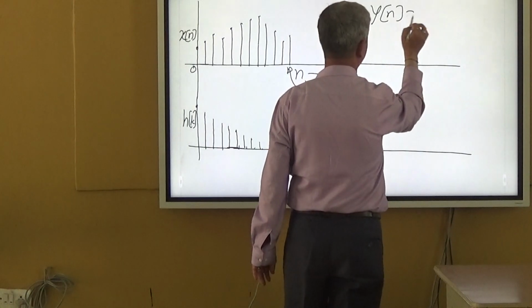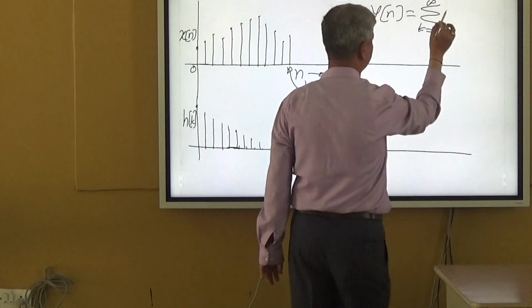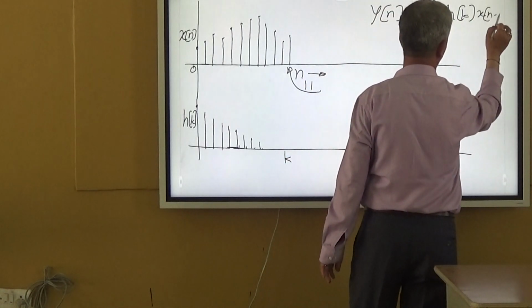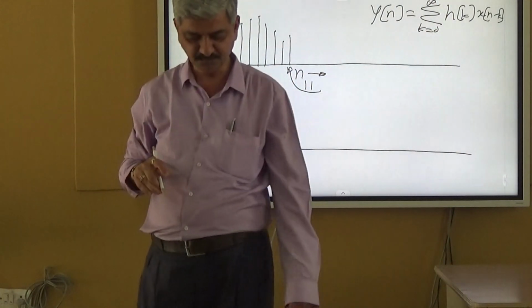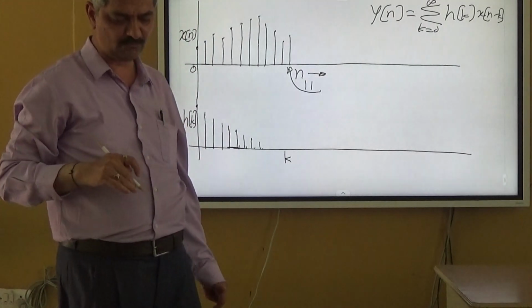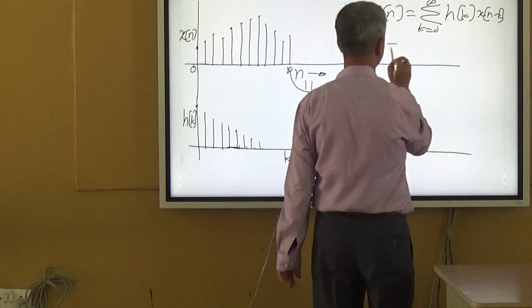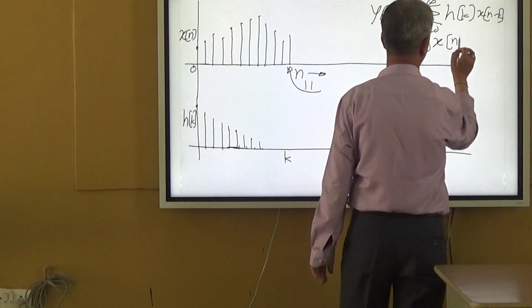Y would be summation k equal to 0 to infinity h of k x of n minus k. So what will you do? You can write like this: h0 xn.